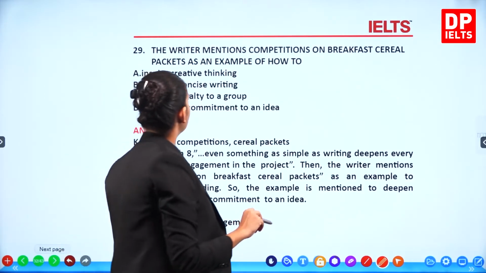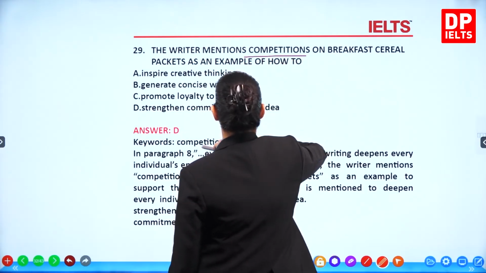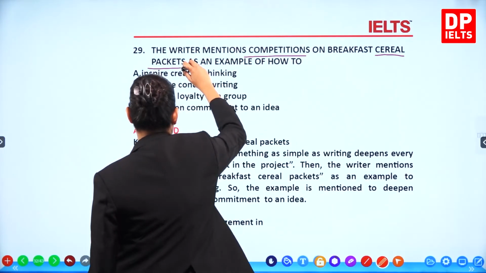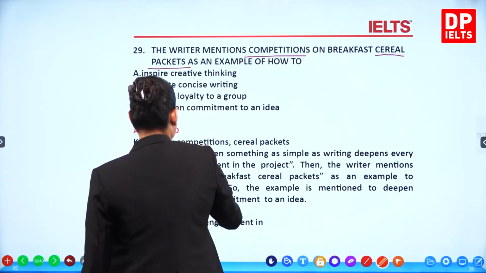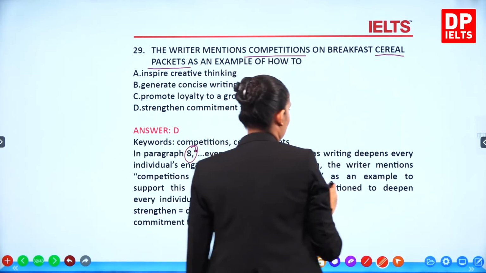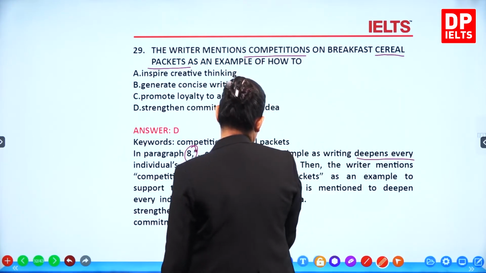29. The writer mentions competitions on breakfast cereal packets as an example of how to do what? Go to para 8. Even something as simple as writing deepens every individual's engagement in the project.